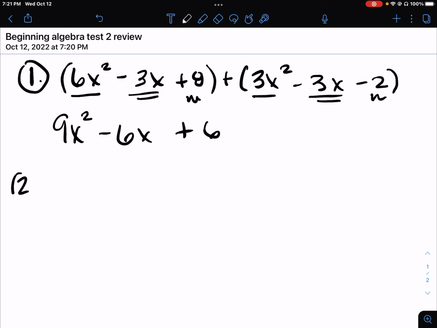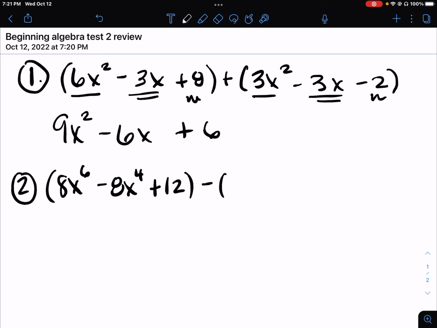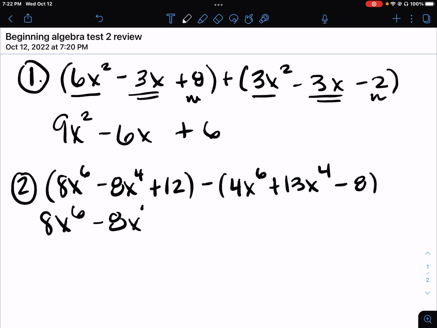Number 2 is subtraction. We have subtract a whole parentheses. There's nothing in front of the first parentheses, so we don't do anything to those.